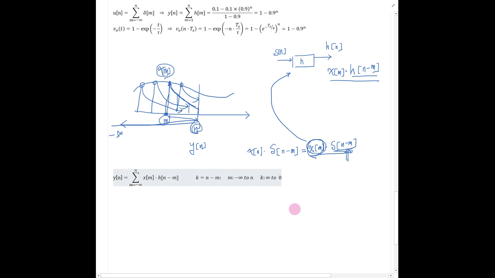So the same output yn can be written as a sum, if I take k as n minus m, m is n minus k. So x n minus k times hk, with k changing from 0 to infinity.